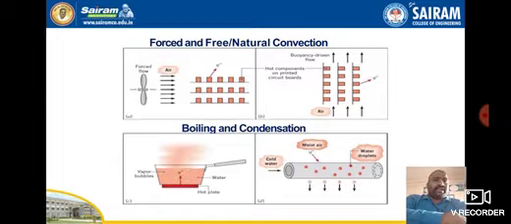If you take a hot plate at a temperature of 100 or 200 degrees centigrade and want to increase the rate of cooling, you have to use an energy source like a fan, so that the rate of heat transfer is increased. But in natural convection, we are not using any external source of energy. Naturally, due to the density difference of the air, it cools the hot plate. That is natural or free convection. You can also observe this phenomenon in boiling and condensation.